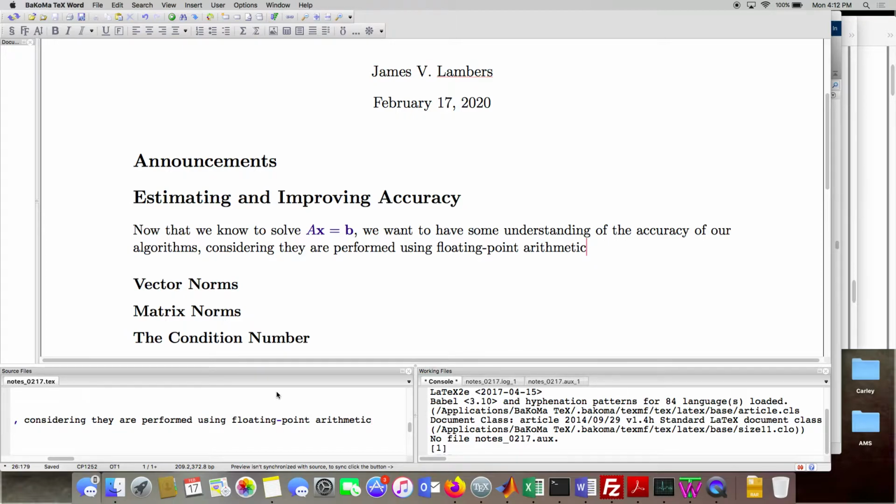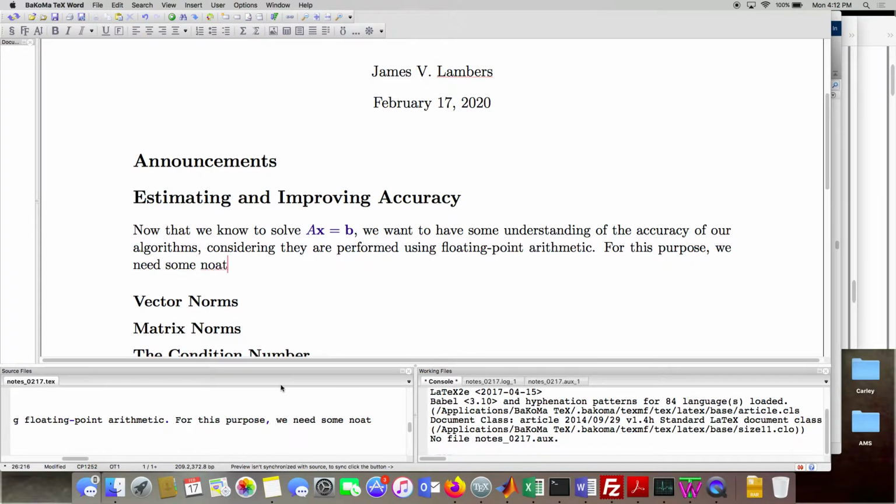For this, we need some notion of magnitude for the various objects we're dealing with, vectors and matrices. And for numbers, we have absolute value. So how do we extend that concept of absolute value to vectors and matrices?